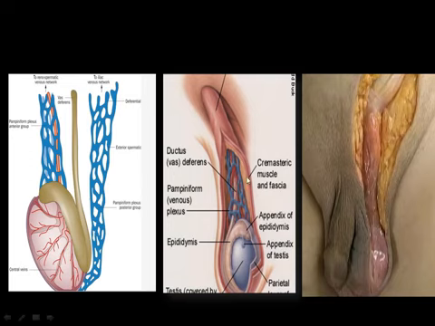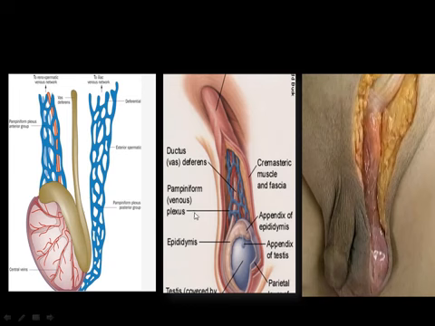Testicular veins pass through the mediastinum as they exit the testes. The network of veins posterior to the testis is called the pampiniform plexus. Each plexus of veins eventually forms two testicular veins, which form a single testicular vein. The right testicular vein drains directly into the inferior vena cava below the level of the right renal vein, whereas the left testicular vein drains into the left renal vein.